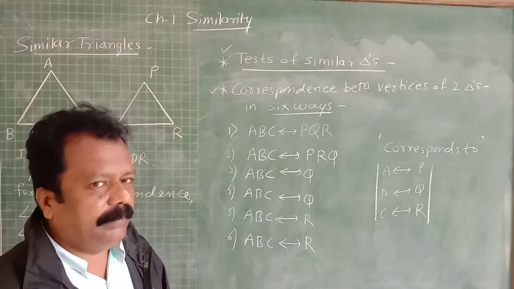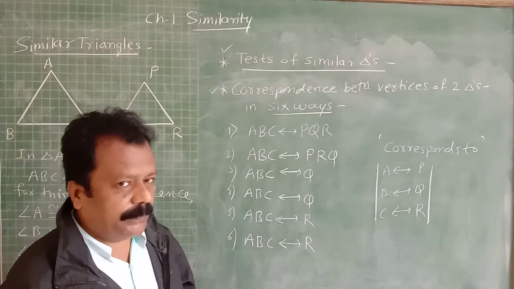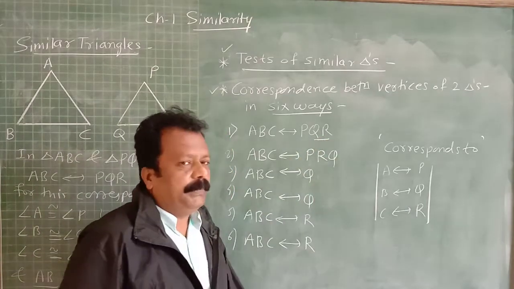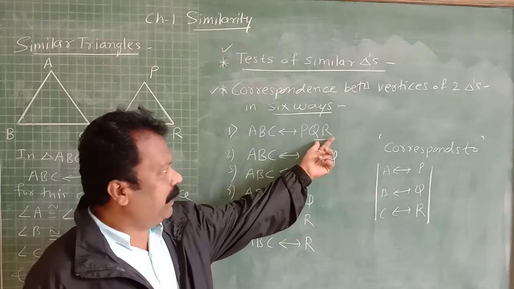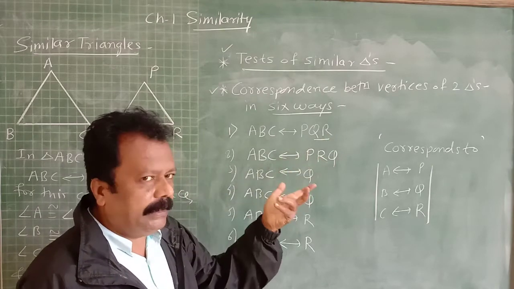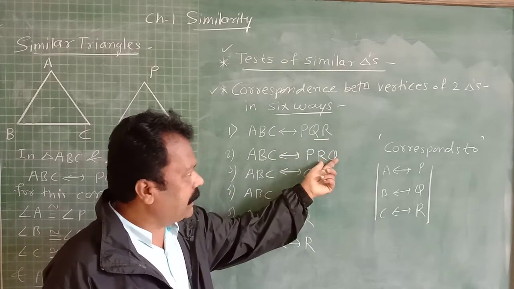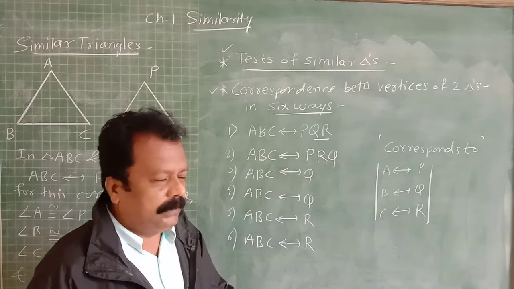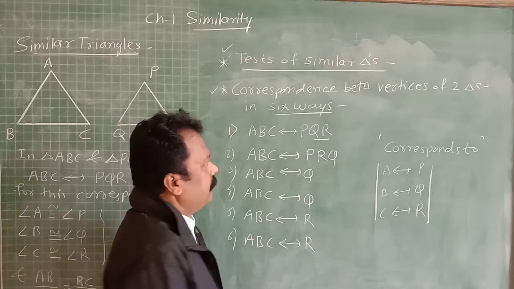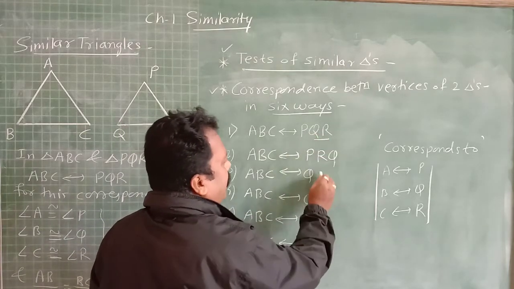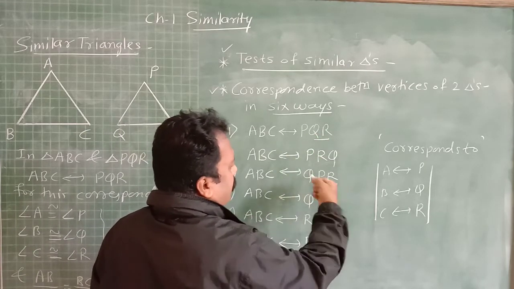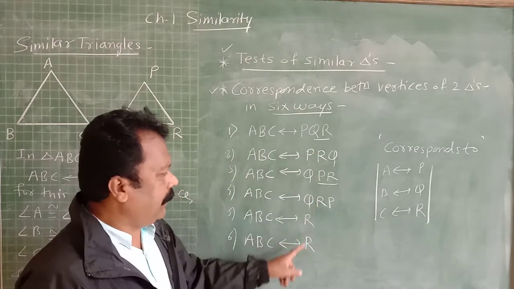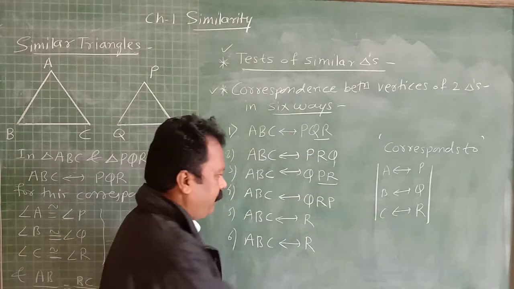Means you can get immediately how to express it in 6 ways. First of all, I have written PQR. Now, the last alphabets we have to change because we have already taken it. Last alphabets we interchange, means QR becomes RQ, so PQR becomes PRQ. Now, take Q. After taking Q, remaining alphabets are PR. While interchanging, it will become RQ. Now take last alphabet R 2 times, remaining alphabets are PQ.